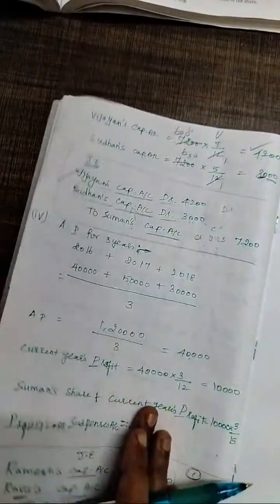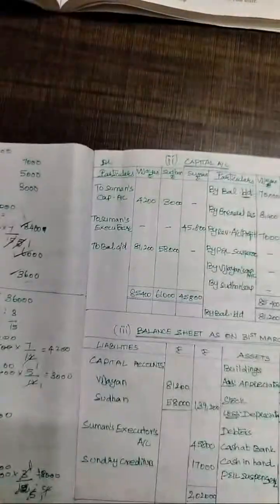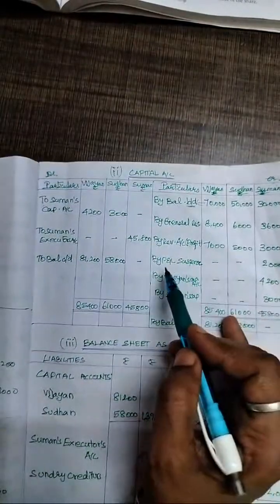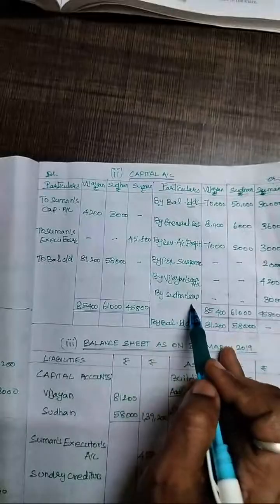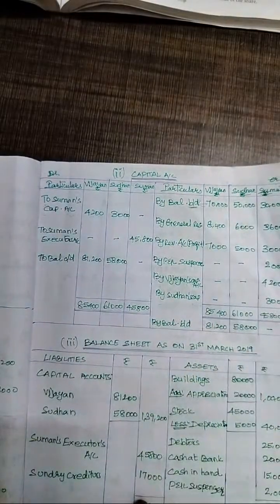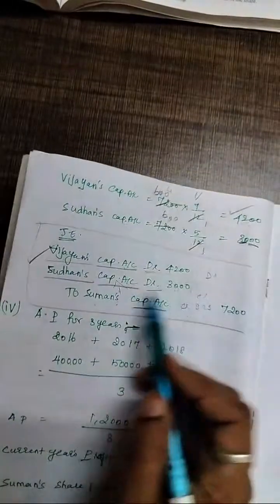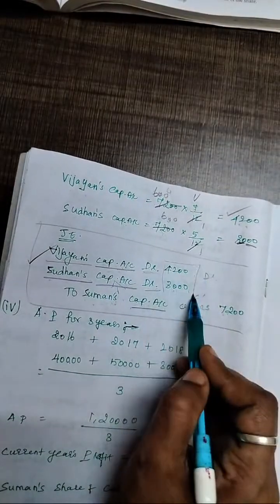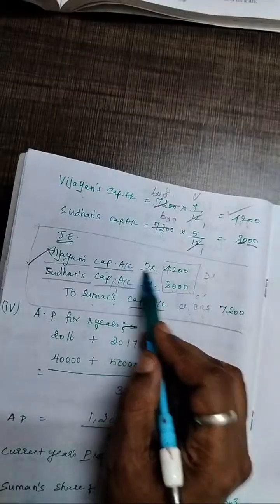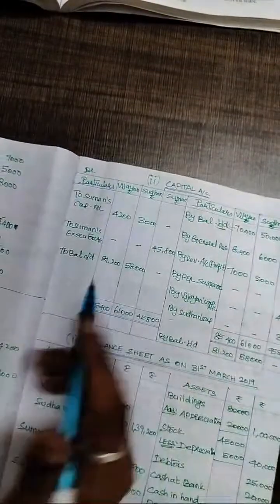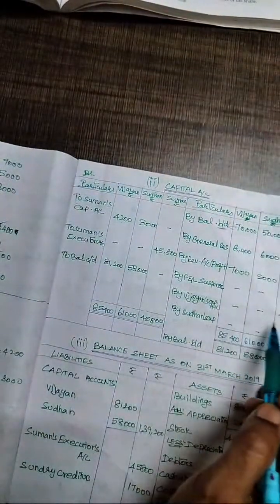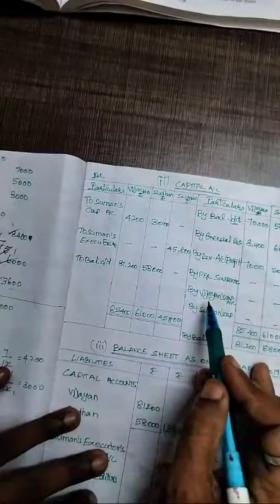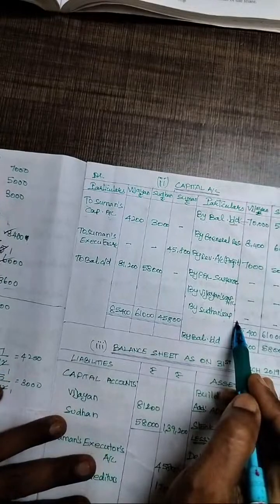So we come to credit side of the capital account and enter the opposite account, that is Vijayan's capital account and Sudan's capital account, and enter in Sudan's column 4,200, 3,000 rupees. So on credit side of the capital account, we are going to enter 4,200, 3,000 rupees against Vijayan's capital account and Sudan's capital account.